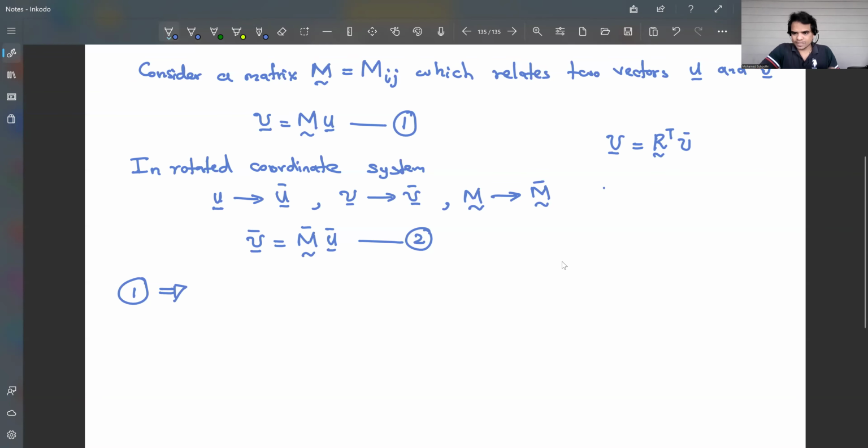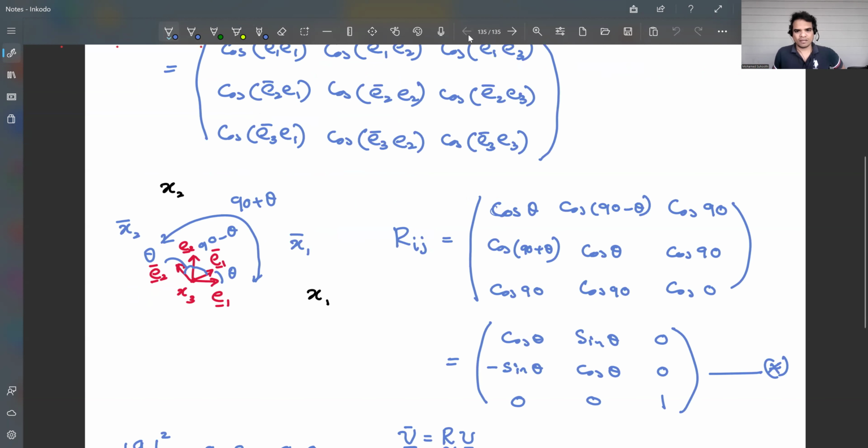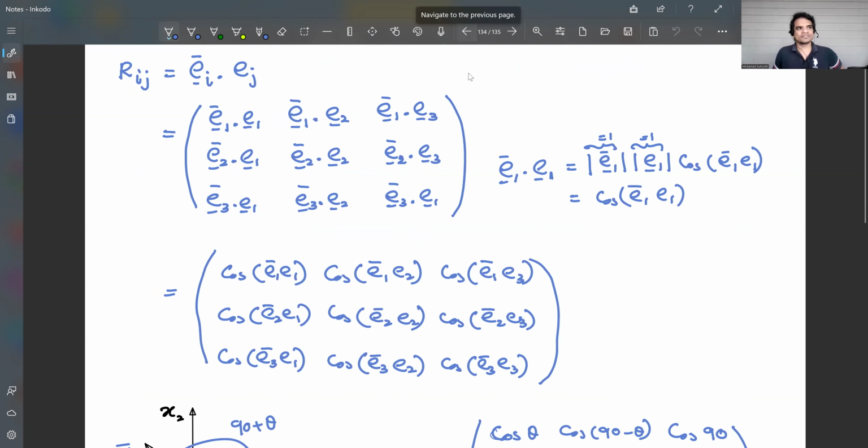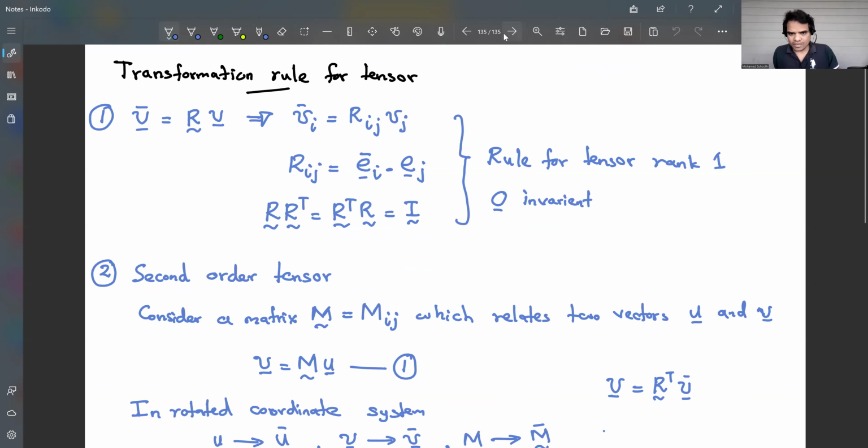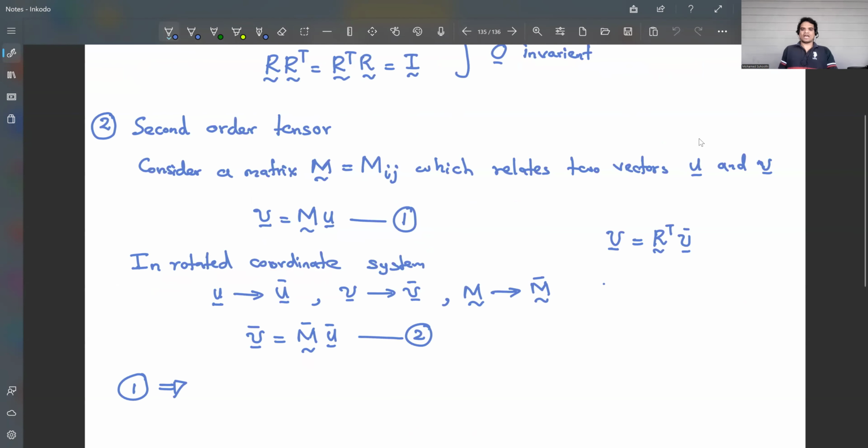So this is already discussed. You remember this equation, right? The same equation I'm going to use here.